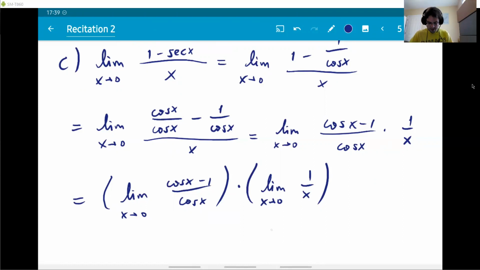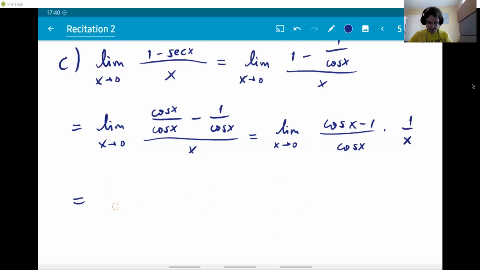And if you try to analyze, in particular this one here, you will see that it does not exist. 1 over x as x approaches 0 is a limit that's plus infinity from one side, minus infinity from the other. So it's not a number. That means you cannot split it like that. I have to say this because I know this mistake shows up a lot.